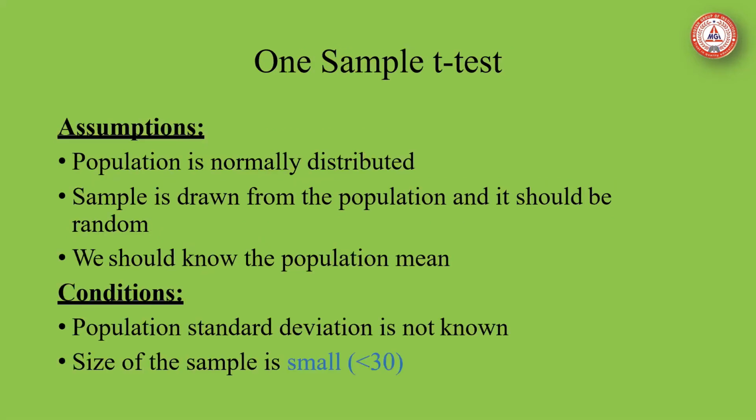The first is t-test, one sample test. Assumptions are: population is normally distributed, sample is drawn from the population and it should be a random sample. We should know the population mean. The condition is population standard deviation is not known. Size of the sample is always smaller than 30.